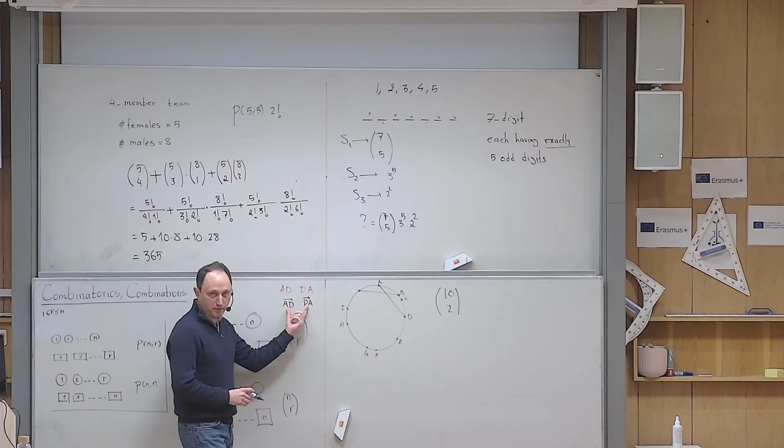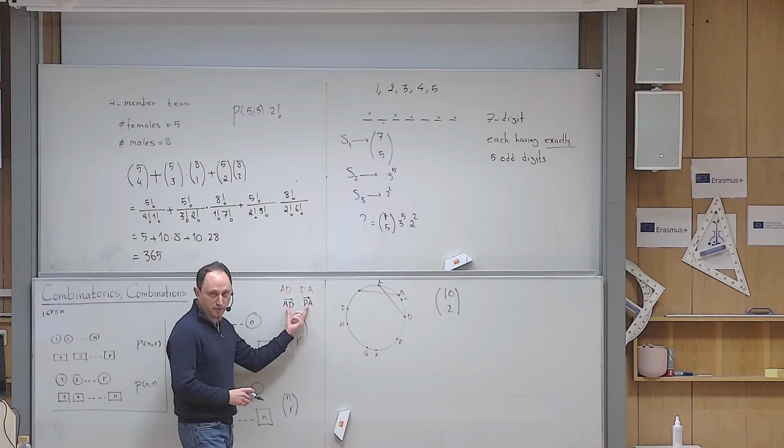Let me ask you, how many triangles can I construct using these 10 points? Yes? 10 choose 3. Why? It's because for a triangle, so for example, let us choose this one, I need to choose 3 points to construct a triangle, and it doesn't matter how you name it, because triangle ADG and triangle AGD are not distinct triangles.